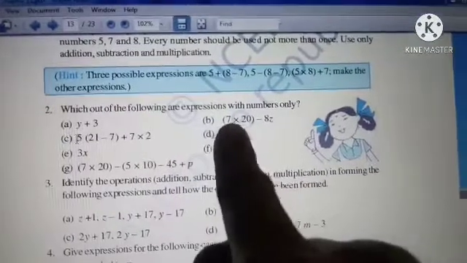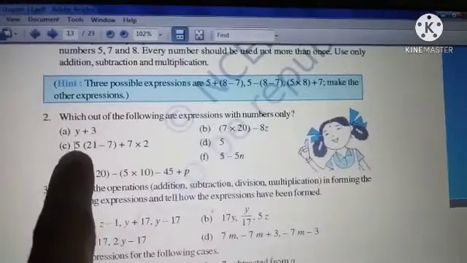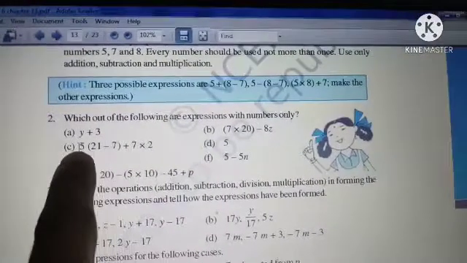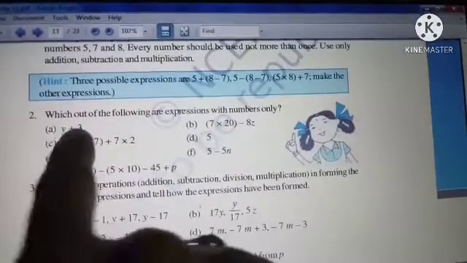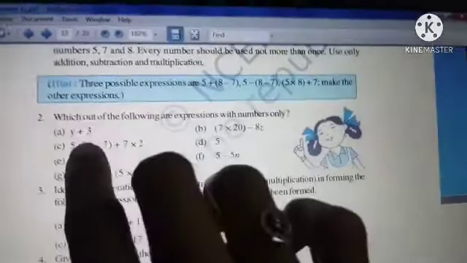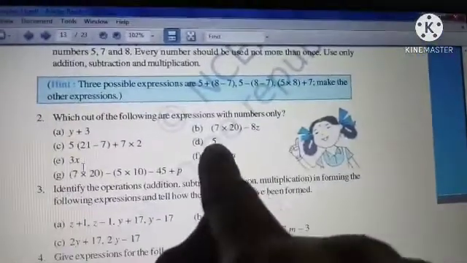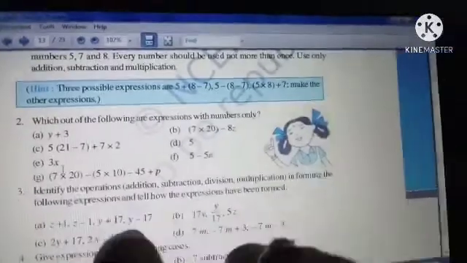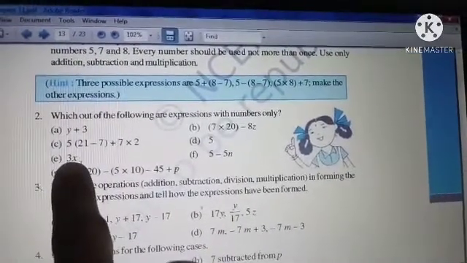B, we have numbers and variable Z, not possible. Here C, yes, everything is numbers, so you can put a tick mark in C because it is an expression involving only numbers. D, it is only numbers, put a tick mark.